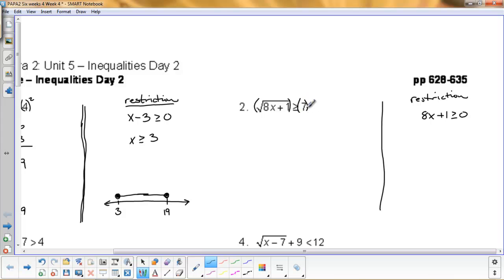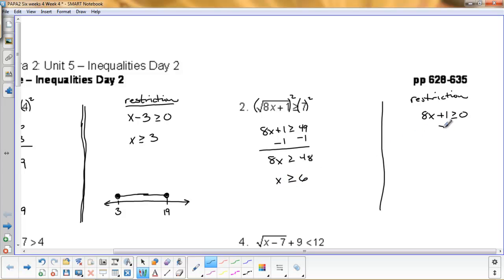Solving, we get 8x plus 1 greater than or equal to 49. Subtract 1 from both sides. 8x greater than or equal to 48. x greater than or equal to 6.